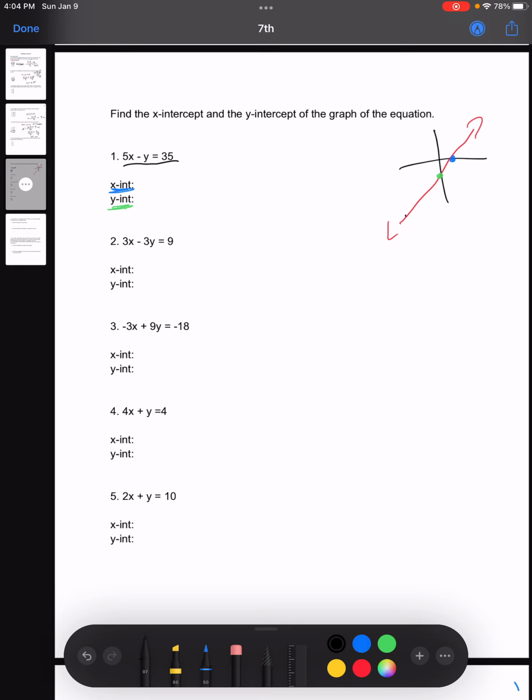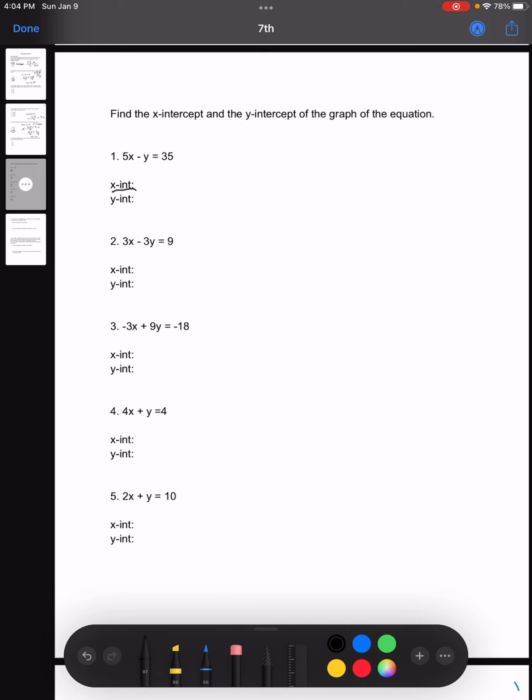So pretty much it's just asking where this line represented by each of these equations will hit or intersect the y-axis and the x-axis. And to solve for that, the process is pretty simple.